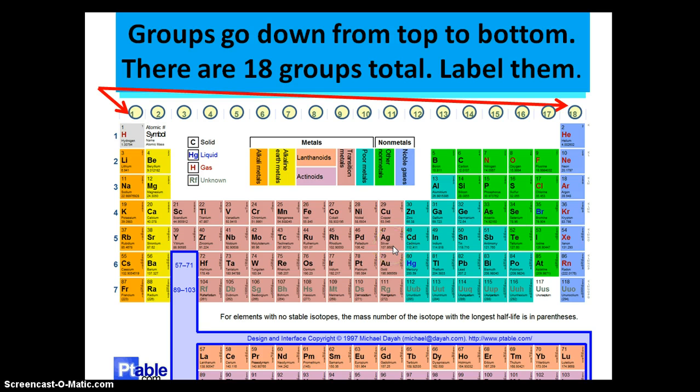Okay. If I ask you to find an element in period 4, group 2, that's calcium, number 20. And if I ask you to find an element in period 3, group 17, that would be chlorine.